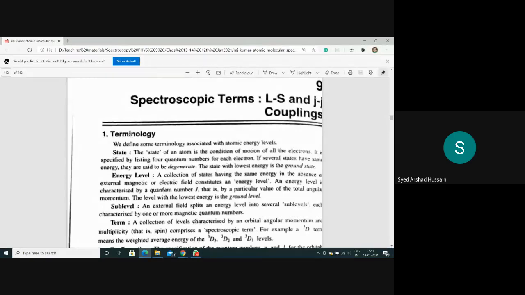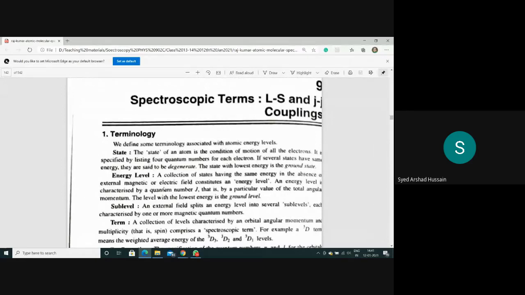Then 2s2, that means another 2 electrons correspond to n is equal to 2 and l is equal to 0. 2p6, that means 6 electrons correspond to l is equal to 1 and n is equal to 2. So identification or specification of n and l for all the electrons in an atom, this is your configuration.